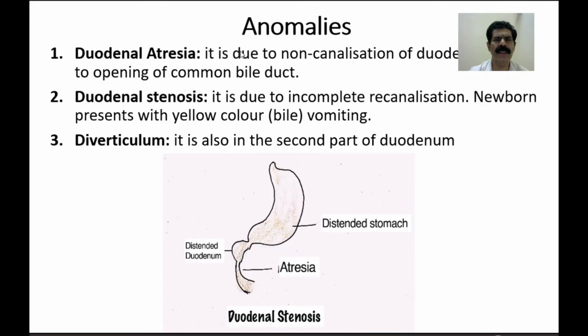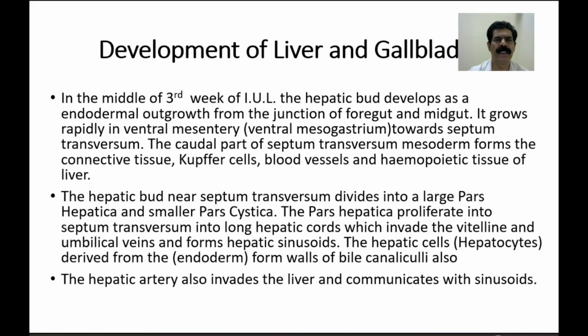Regarding anomalies of the duodenum, duodenal atresia is due to non-canalization of the duodenum in the distal part, or duodenal stenosis may be there, and due to stenosis there is dilatation of the duodenum and also dilatation of the stomach. This gives the double bubble appearance in the X-ray finding, and a diverticulum may also be seen in the duodenum.